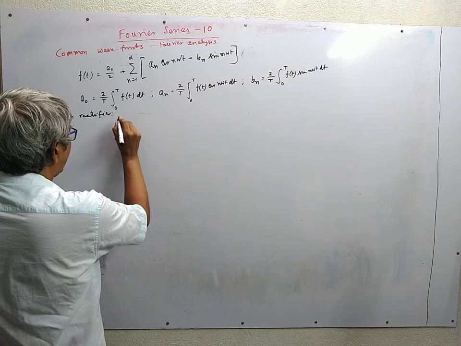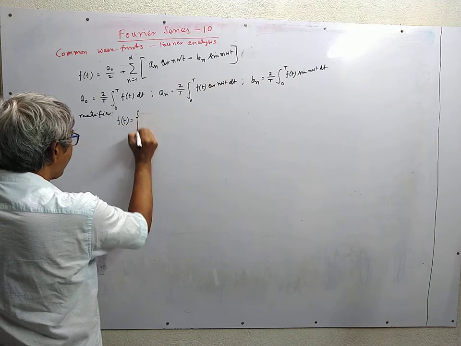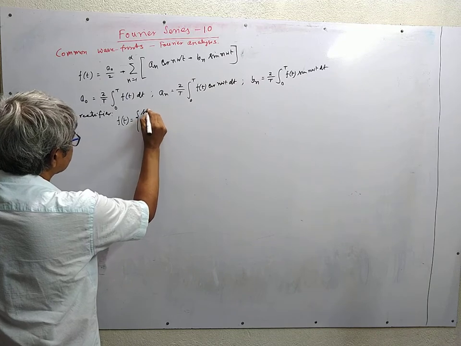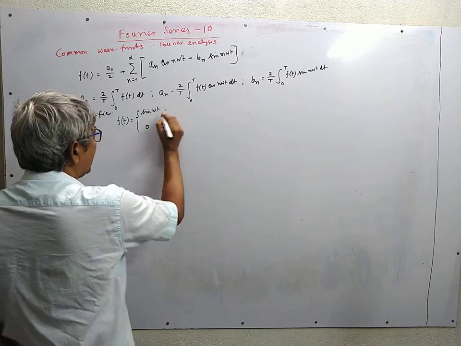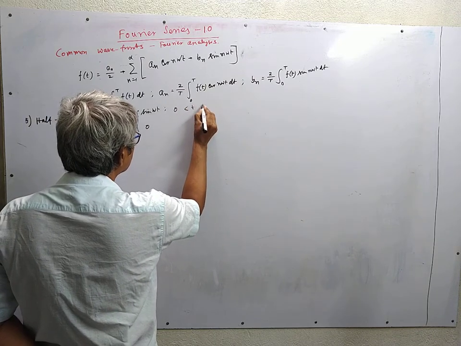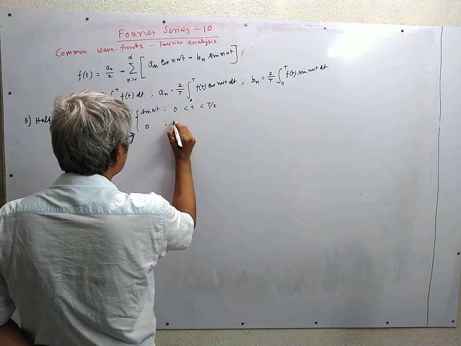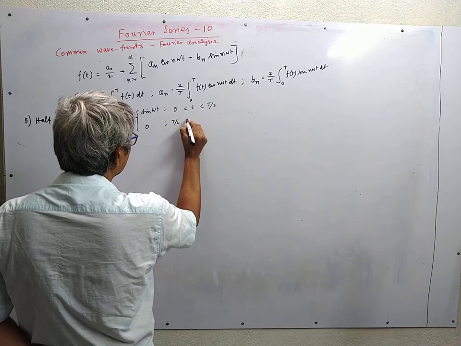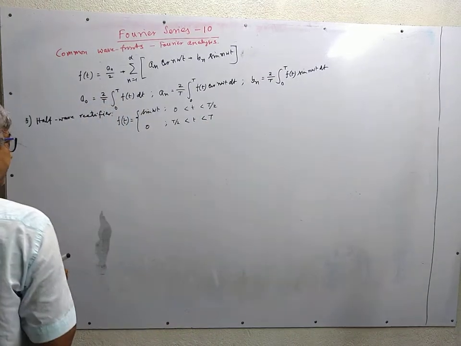We define f of t as sine omega t in the first half and 0 in the second half. Let us first draw the graph.